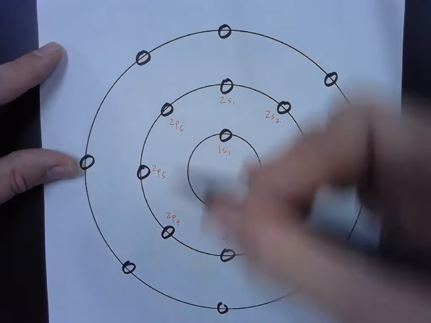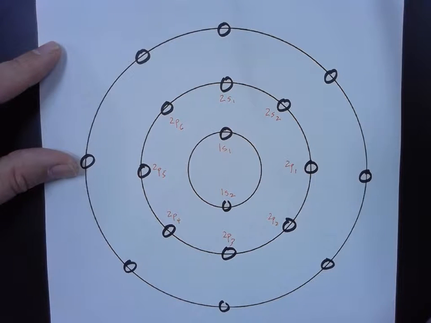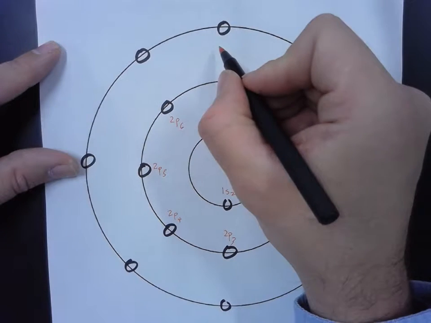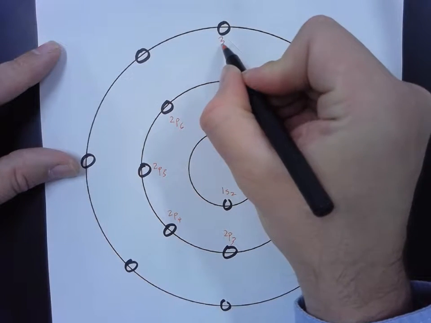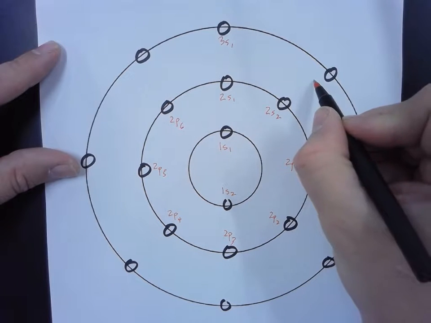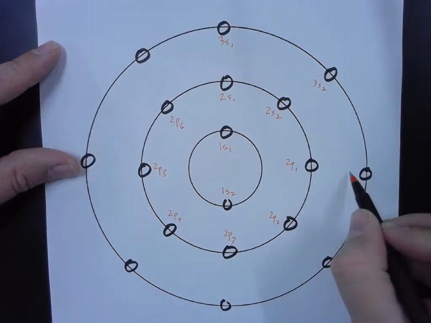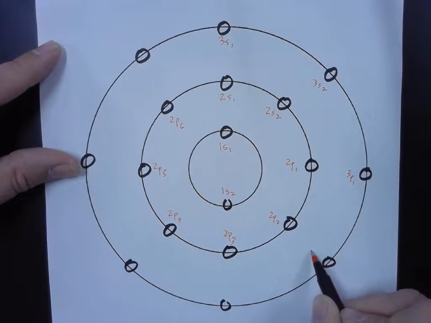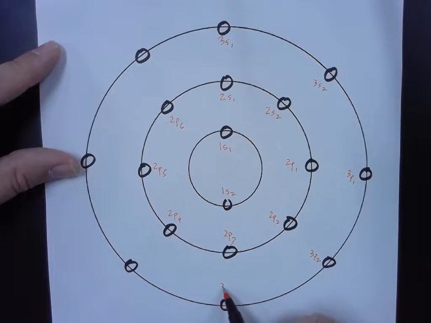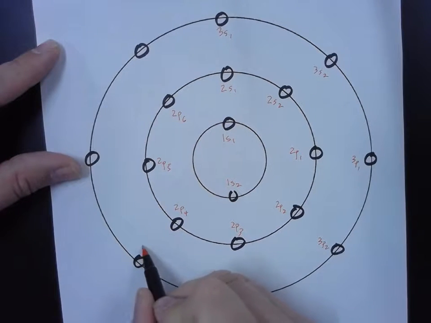So then can you guess what the next seat's going to be in the new row? Well, it's going to be row 3. 3S1, 3S2, 3P1, 3P2, 3P3, and so on.